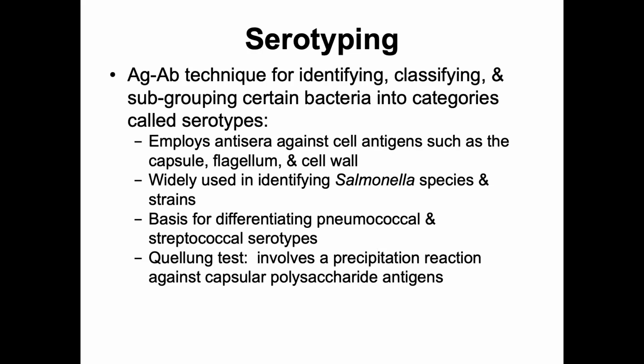We've used this in identifying different Salmonella species and as the basis for the differentiation of pneumococcal and streptococcal serotypes. The Quellung test involves a precipitation reaction against polysaccharide antigens that are in the capsule.